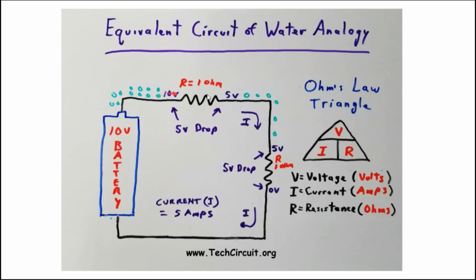That's because you can have pressure differences throughout the circuit, just like you can have pressure differences in the water analogy. But despite those pressure differences, the rate of the water flow coming out of the tank is going to be equal to the rate of water flow coming out of the output and landing on the ground. So that rate doesn't change, even though you can have pressure differences throughout the system. So the answer is that current remains the same all the way through the circuit.